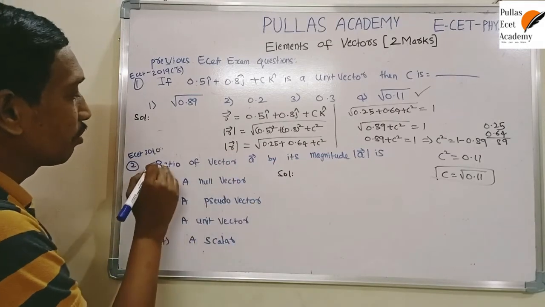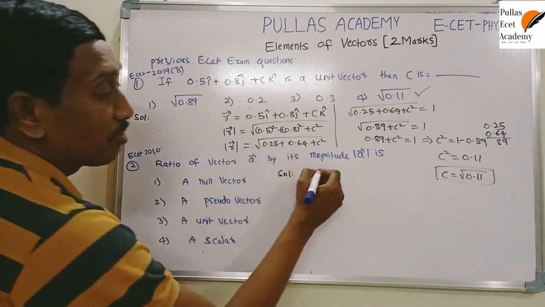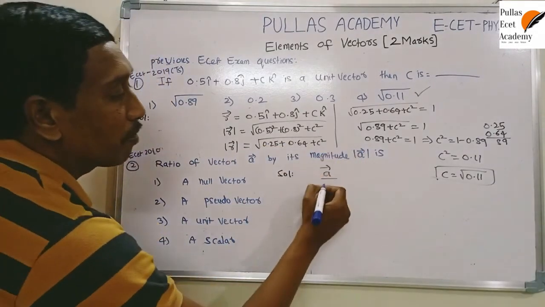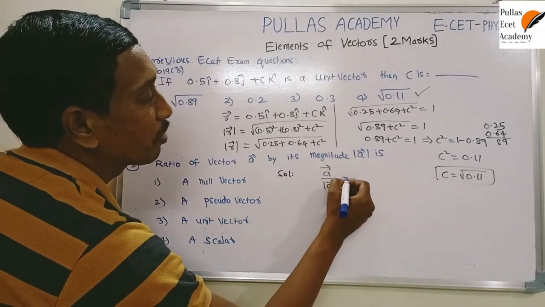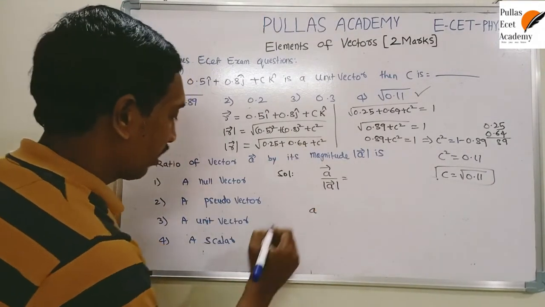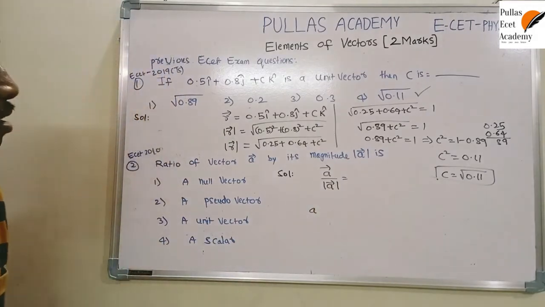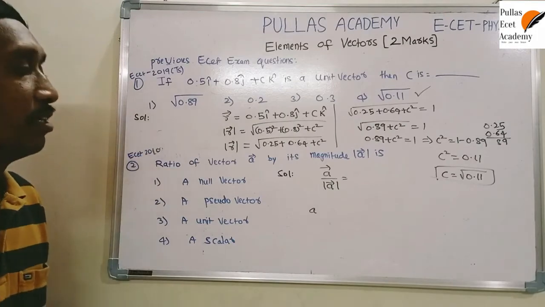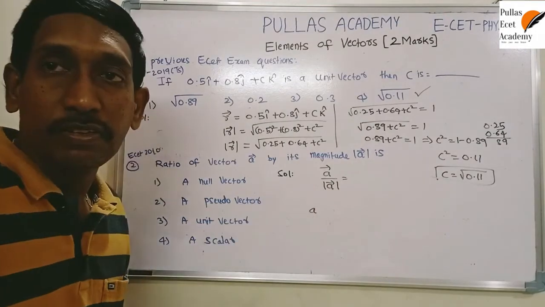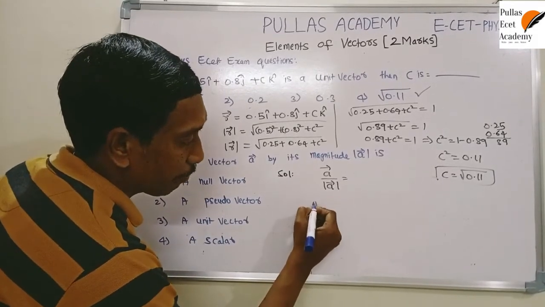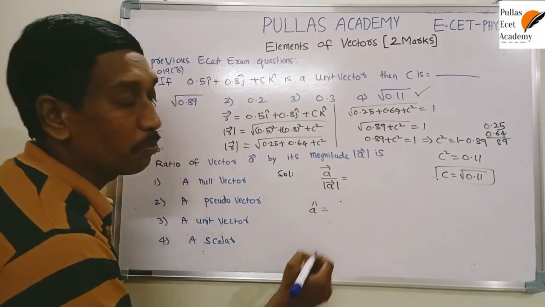But listen to me. Ratio means divided by its magnitude. It is similar to a unit vector. The unit vector a cap is equal to a bar by modulus a bar.